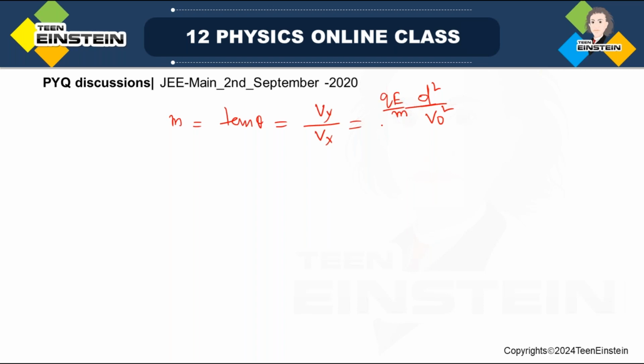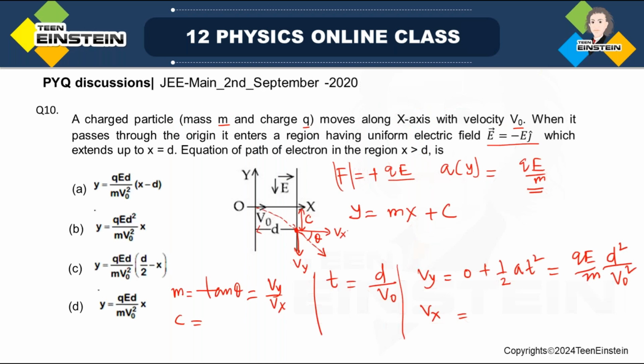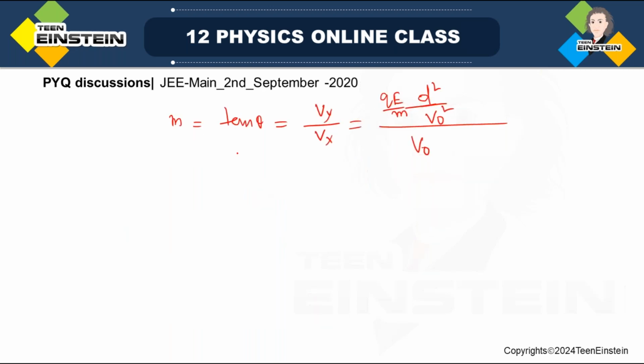So this is velocity in the vertical direction, and this is velocity in the horizontal direction. I hope things are going all right. So let me see what we have got. QE d square by m v naught cube. We have got this now.